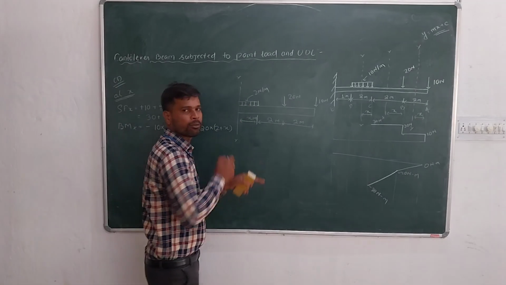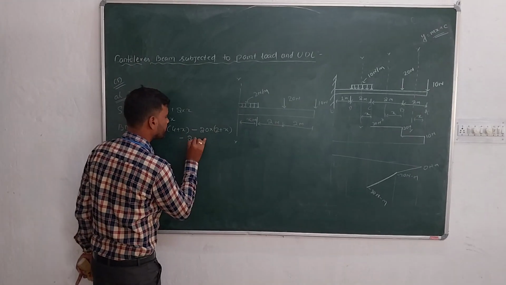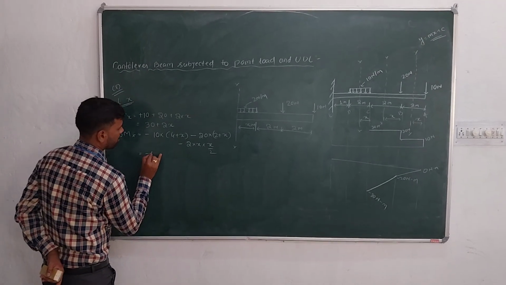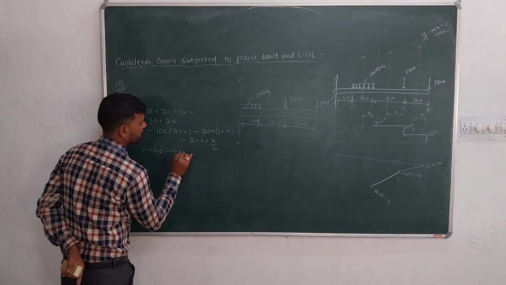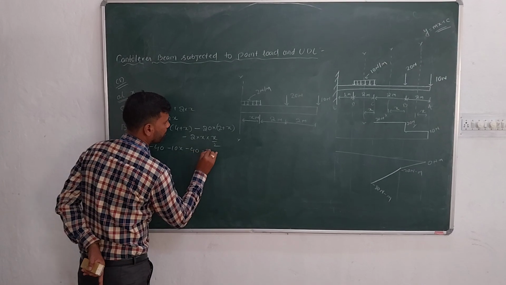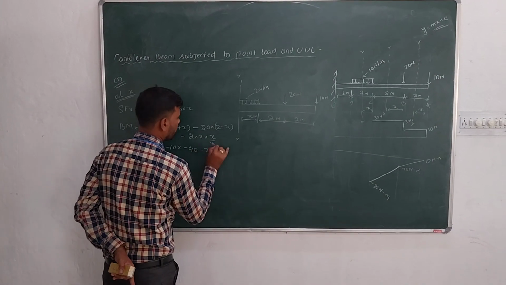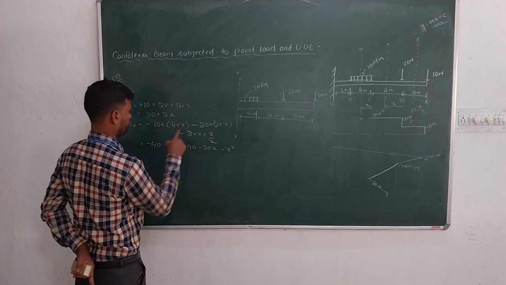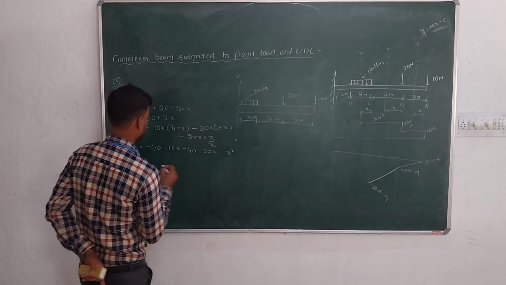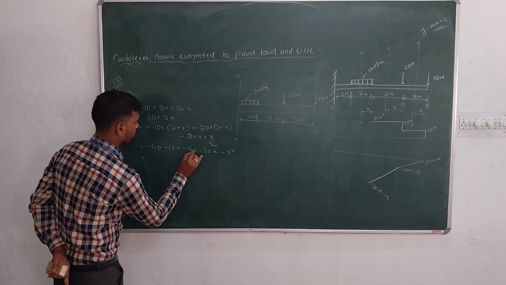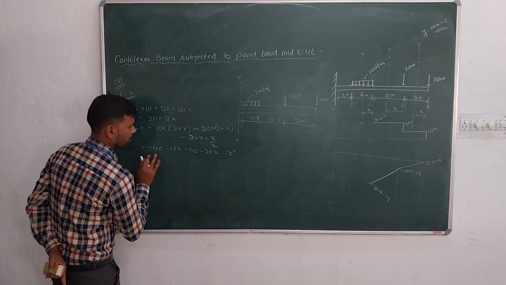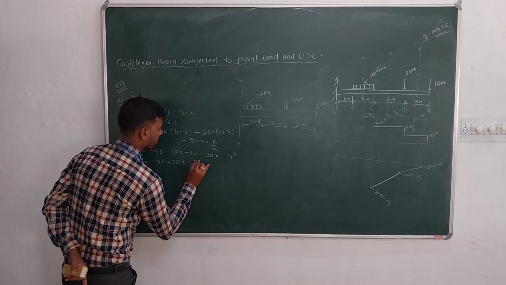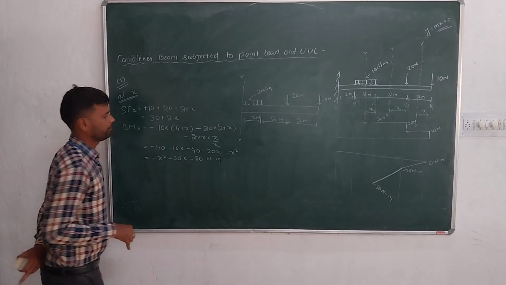It will act at x by 2. So 2 into x into x by 2. Now simplify this one. Minus 40 minus 10x minus 40 minus 20x. 2 gets cancelled, minus x square. So this will be minus 40 minus 40, 80, minus x square minus 30x minus 80 Newton meter.